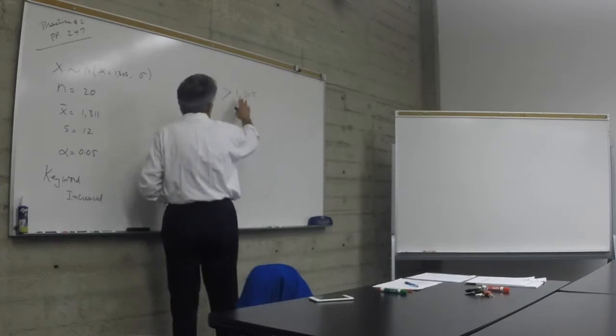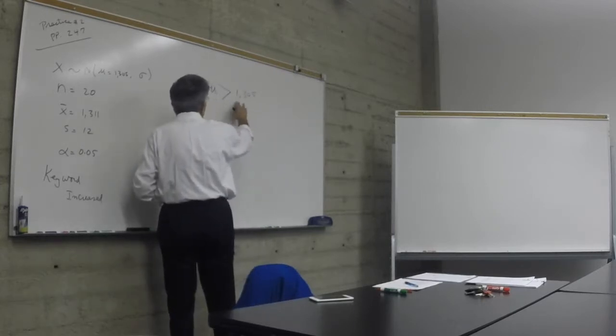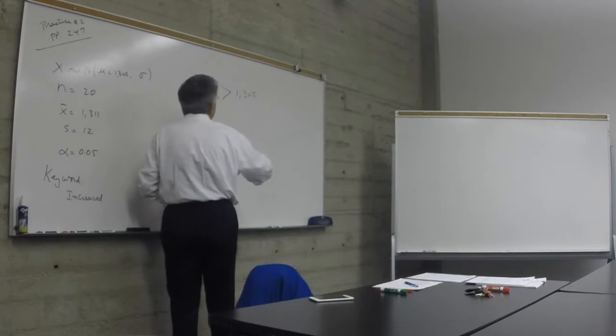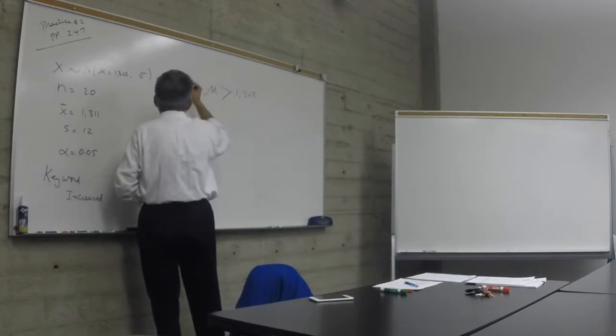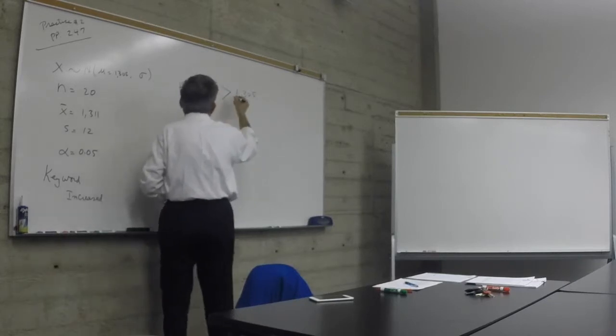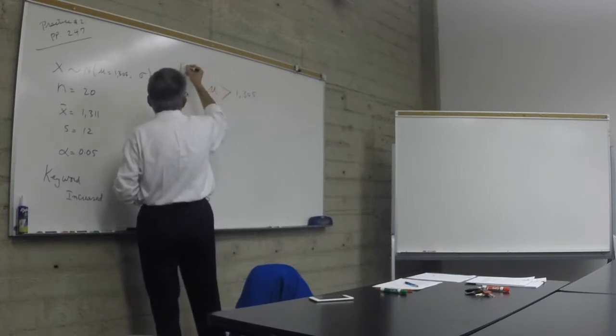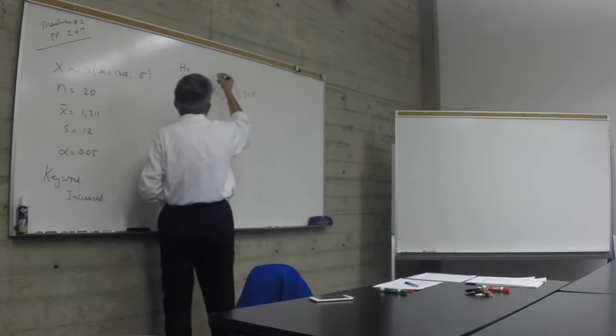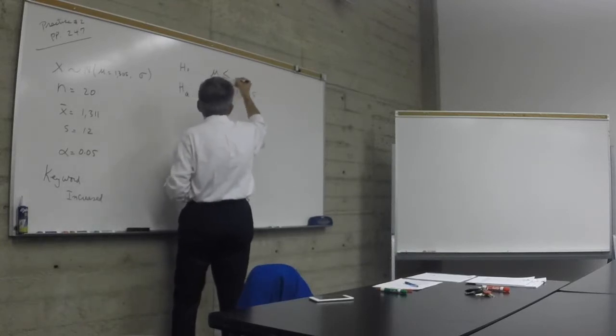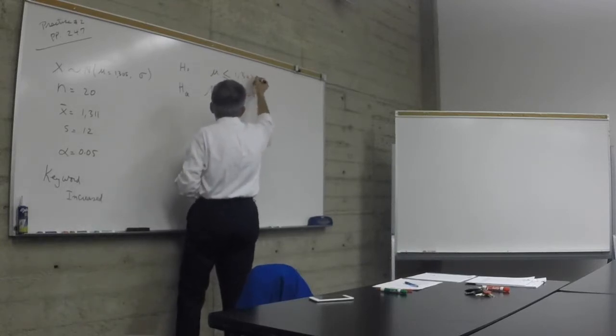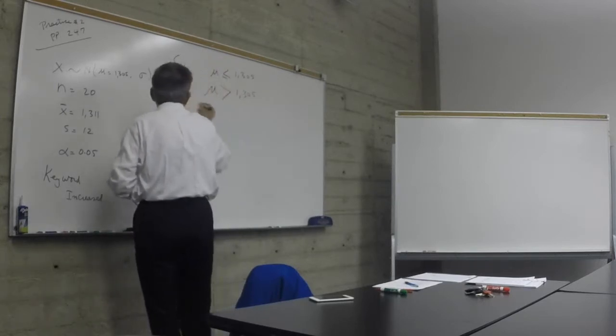So is this corresponding to the null or alternative hypothesis? Alternative hypothesis. Why? No equal sign, exactly, thank you. Therefore, the null hypothesis would be what this is not: mu less than or equal to 13.05. So this is step 1.